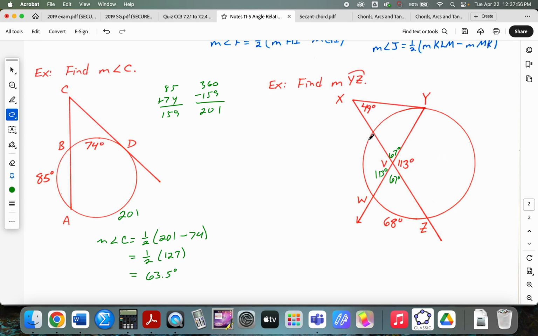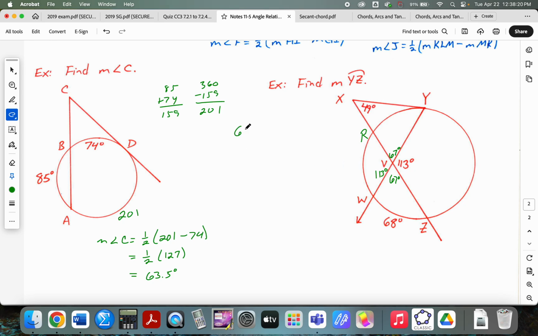However, and I'm going to name this point because it's going to be helpful to us, let's call it R. I can find right now the measure of arc RY. Because see how these two 67s intercept RY on one side and WZ on the other side?